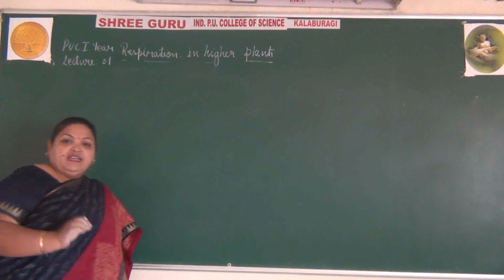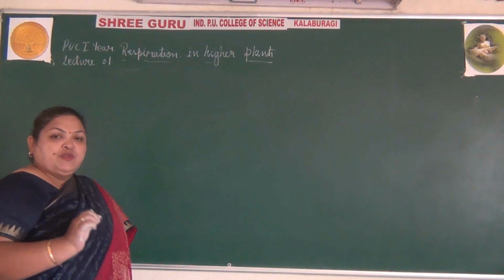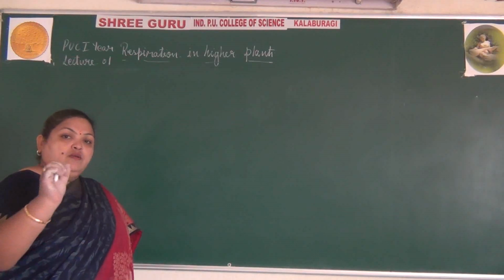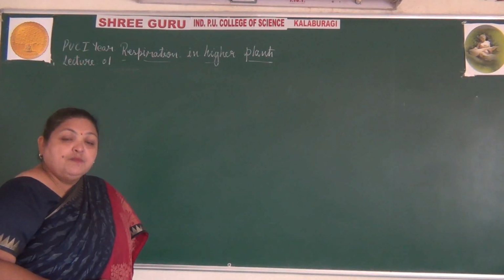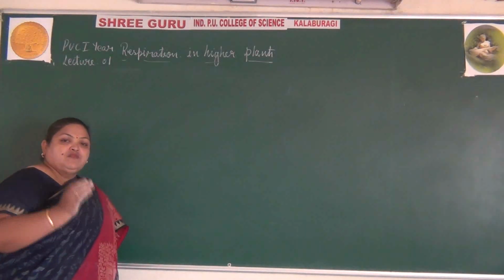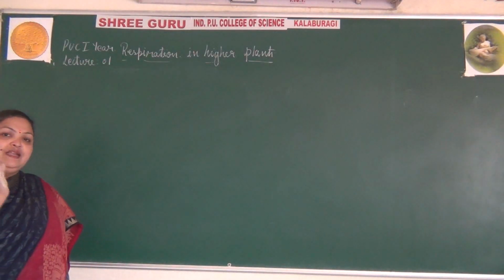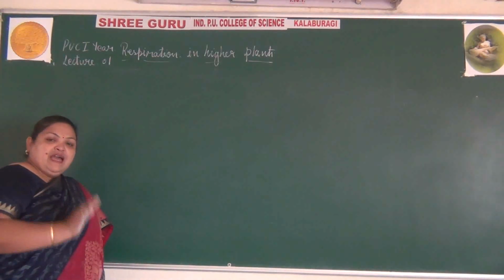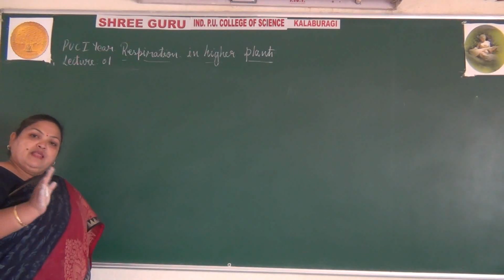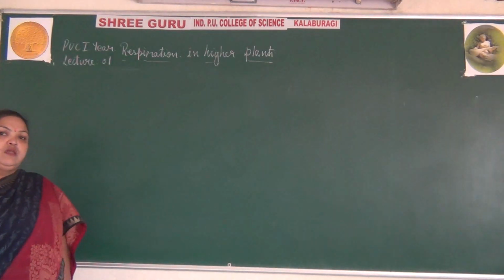I will first deal with anaerobic respiration, then we will go with aerobic respiration. We know that glycolysis comes first, but let me deal first with anaerobic respiration, that is in both the processes.